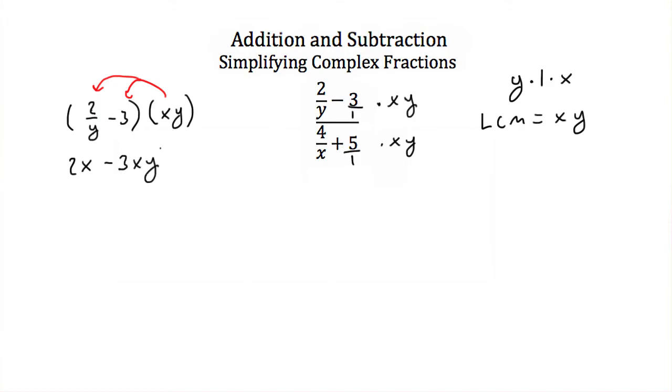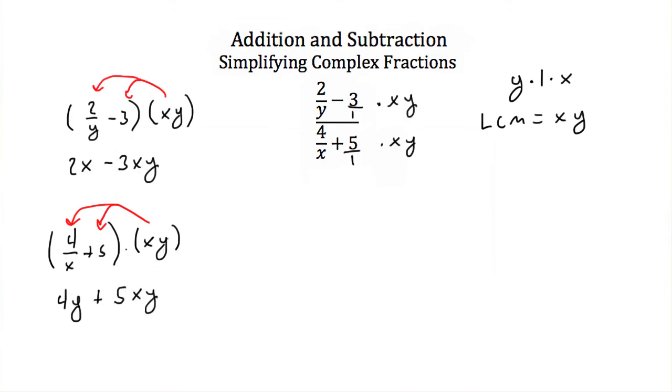My denominator, 4 over x plus 5, that's multiplied by xy. So again, I have to distribute my xy across this addition. If I do that, I'll have 4 times xy divided by x, or just 4y. And that'll be plus 5 times xy, or 5xy. So my fraction now looks like 2x minus 3xy over 4y plus 5xy.